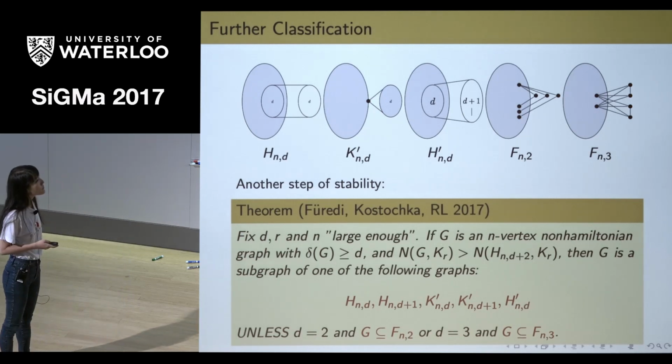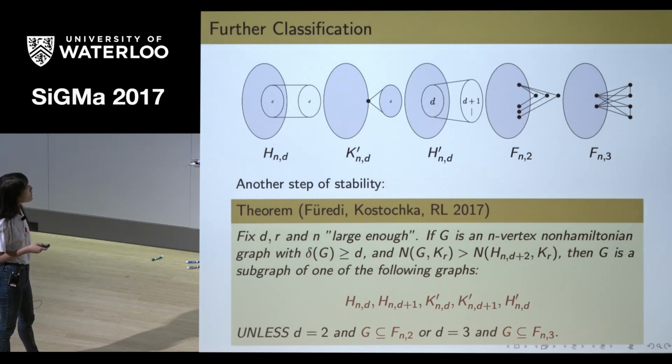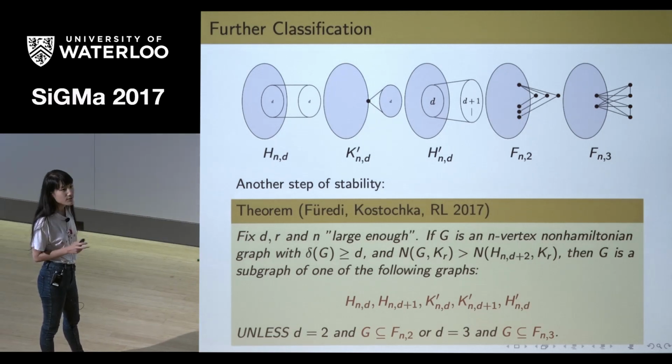And so one last comment. What we now have here, in this class of very dense graphs, Hamiltonian graphs and non-Hamiltonian graphs, is an exact classification.